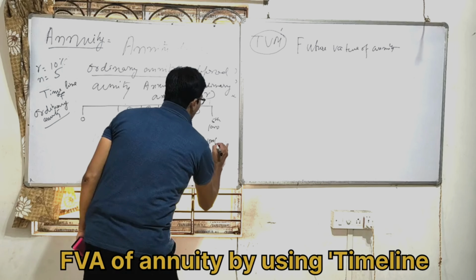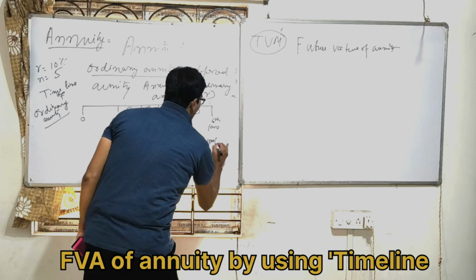The future value of this annuity of 1000 rupees, for 5 years, will be how much? This will be rupees 6105. So in this way I can easily calculate the future value of annuity.